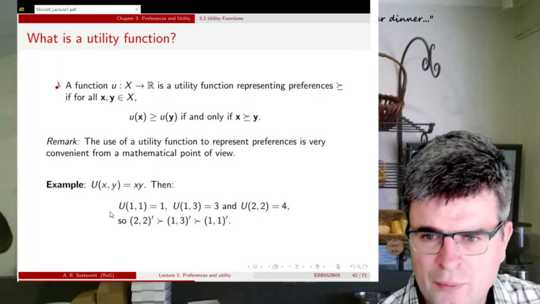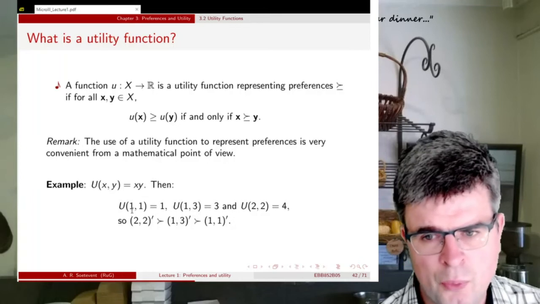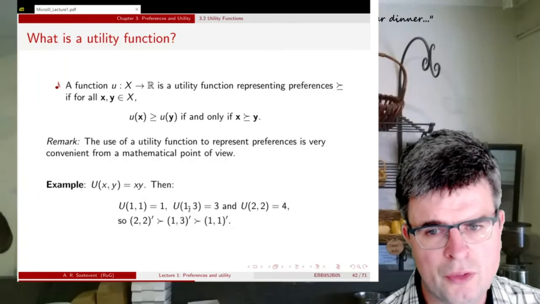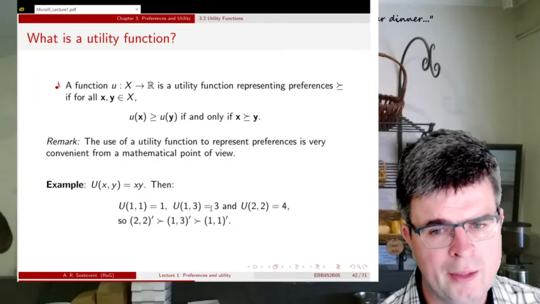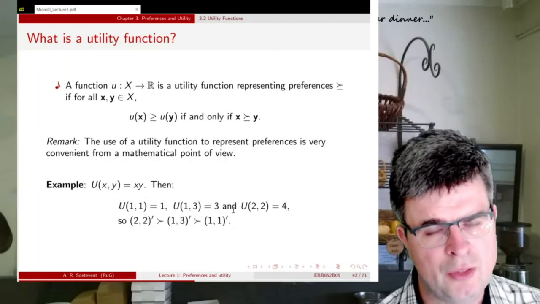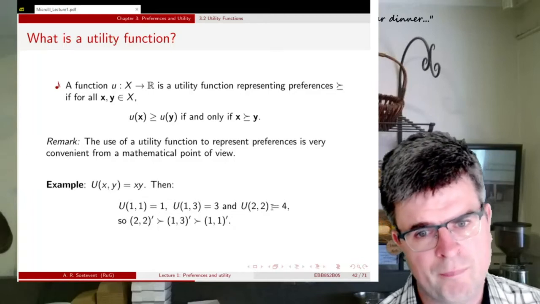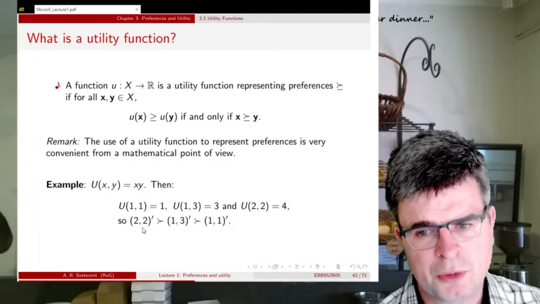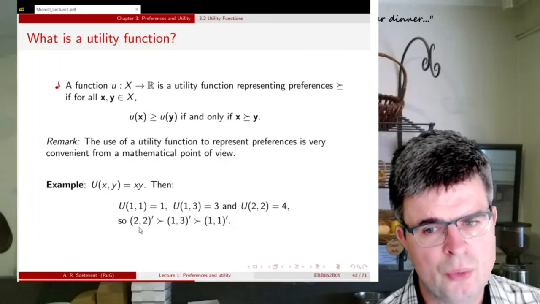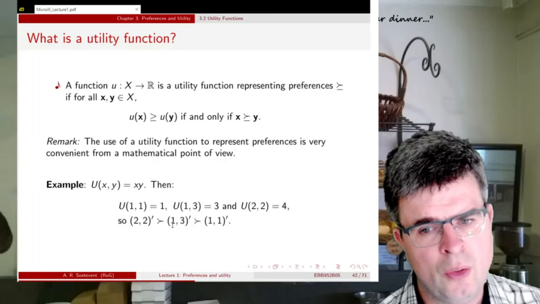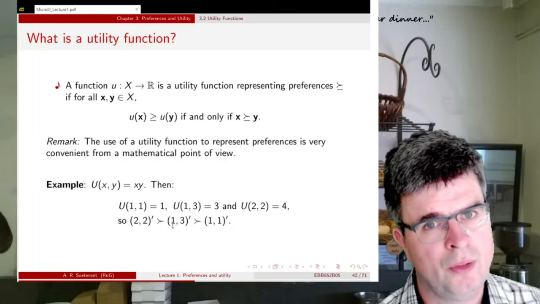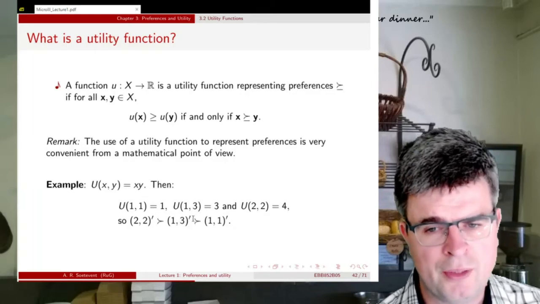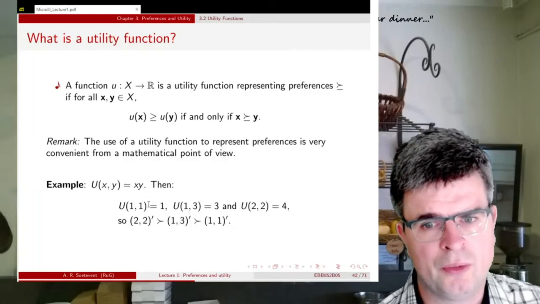Here it turns out that if you have one unit of x and 1 unit of y, it gives you a utility of 1. If you have 1 unit of x and 3 of y, your utility is 3. And if you have 2 of each, your utility is 4. It follows from this utility function that the underlying preferences must be that you prefer having 2 of each good strictly over having 1 of good x and 3 of good y. And you prefer that again over having 1 unit of each.